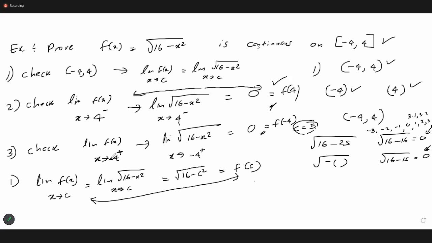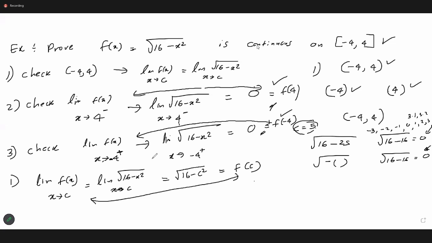Third statement: the limit of f(x) when x approaches negative 4 from the positive end. This one also is true. It is equal to f(minus 4). Yes, this one is again true. Now the test is over. We proved the continuity test within the range.